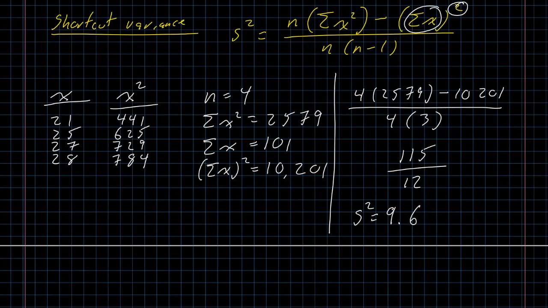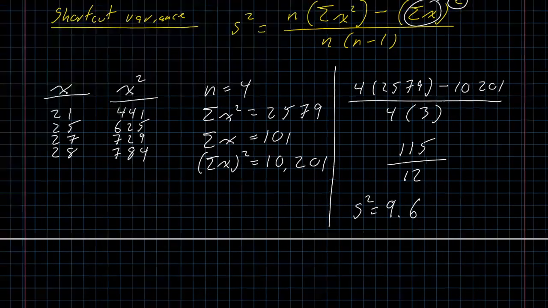The numbers certainly are a lot less pleasant, and that's something we can always try to worry about. But the shortcut standard deviation is going to really shine if we have to work with a grouped frequency distribution.